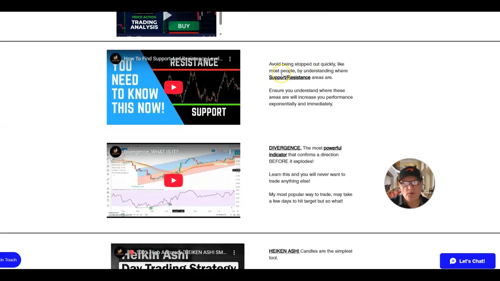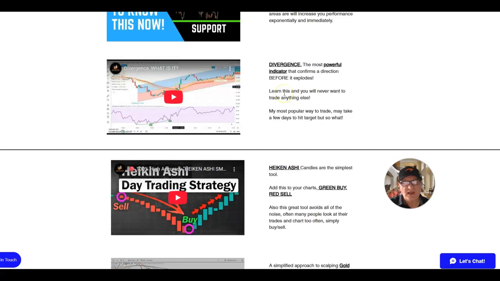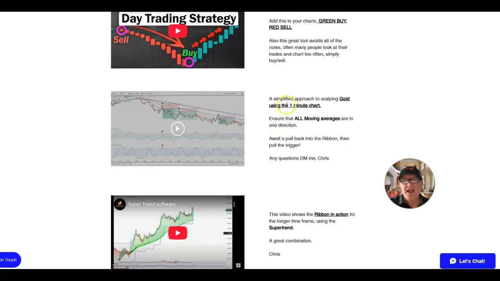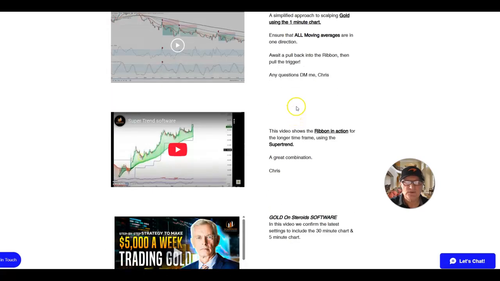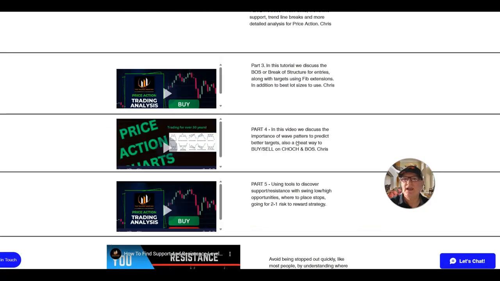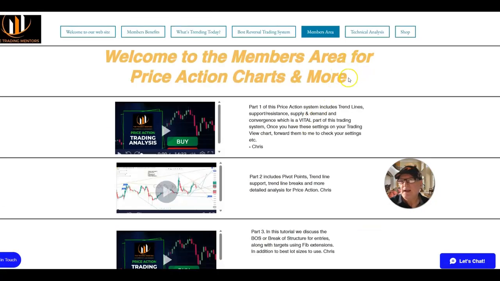Then we go into support and resistance, divergence. We use that a lot in the markets. Heikin-Ashi, how that works. And also there's a 1-minute chart you can use there on gold if you wish, and the techniques and the tools that we use. The super trend, we often use that. Gold on steroid software, all explained, so you can have a look at that. So technical analysis you should know about by now.